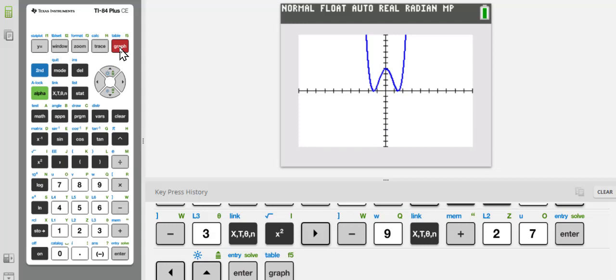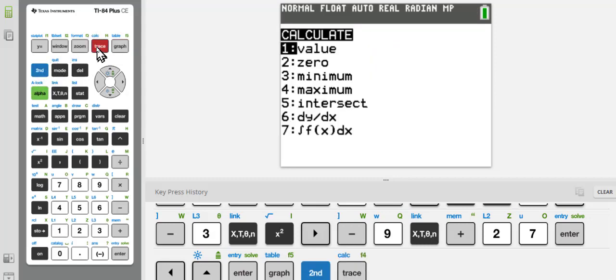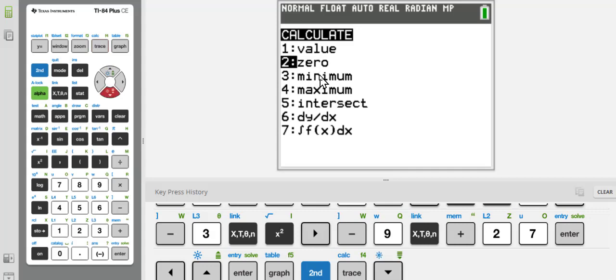Let me show you how to find zeros in the calculator. It's in the same place that we find a minimum or a maximum of a function, which was in this calc menu. So second, trace. We've used the minimum and the maximum before. Now let's do this zero, number 2 there.